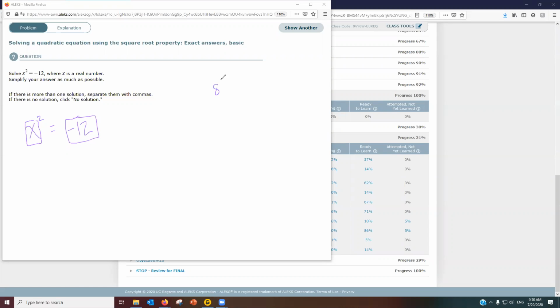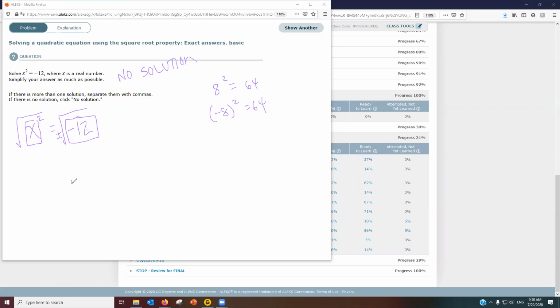You know, if we did 8 squared, the answer was 64. If we did negative 8 squared, we still got 64. There's no way to square a number and get a negative answer. You could probably see that too, because if I take the square root of both sides, I end up with the square root of a negative number, which I know is not a real number answer. So this problem has no solution.